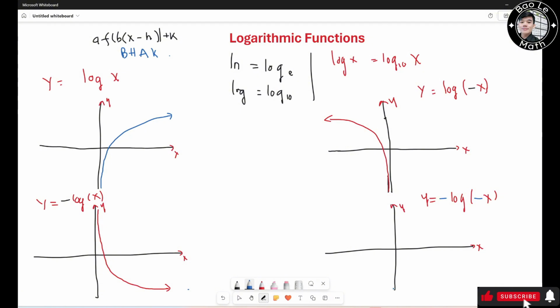It's going to be something like this. Alright, from this one, I reflect over the x-axis because I have the negative sign right here. Now we need to do B first and then we do A later. A means vertical dilation, right? So -1 right here, and then I reflect over the x-axis. So it could be something like this. Alright, so the final answer should be this guy, the rest one.